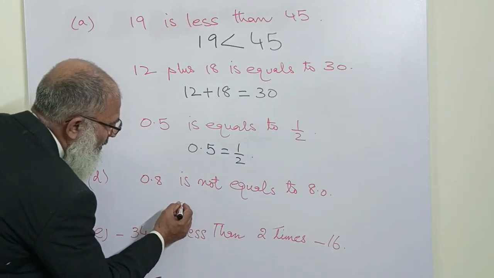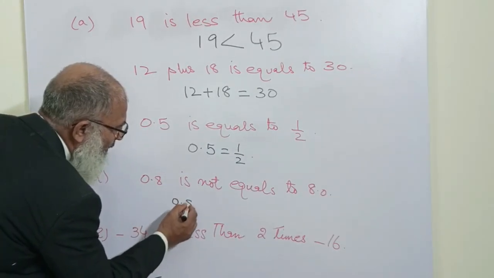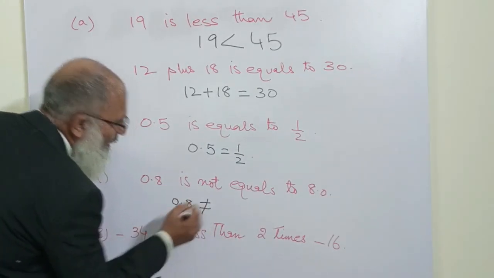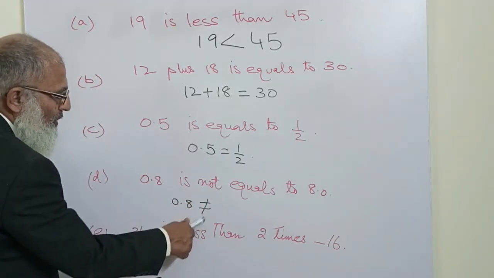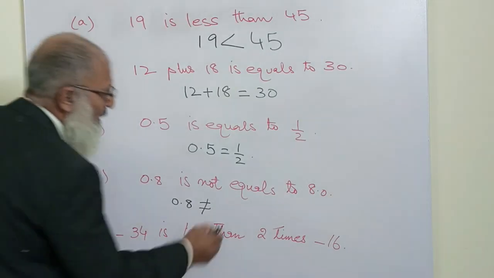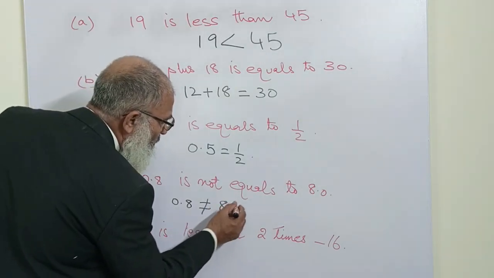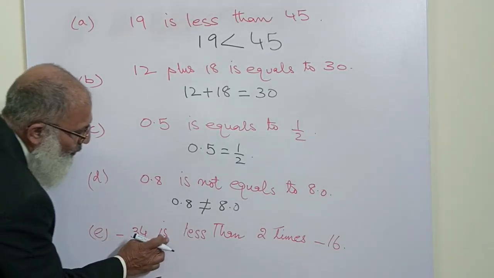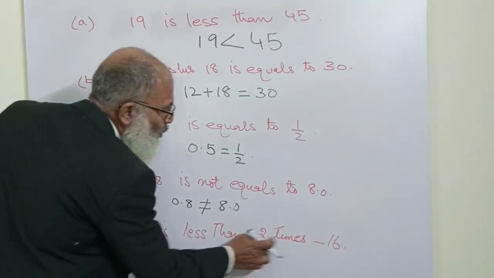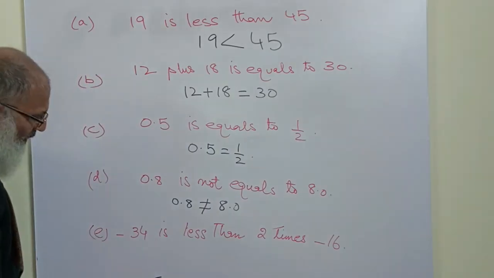Yes, 0.8 is not equal to, see, that's the symbol where I have crossed the equal sign, and it is not equal to 8. And the last is minus 34 is less than 2 times 16.